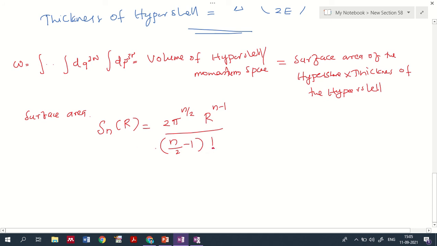So this is a general equation corresponding to the surface area of a hypershell, and here I am considering a 3N dimensional space.